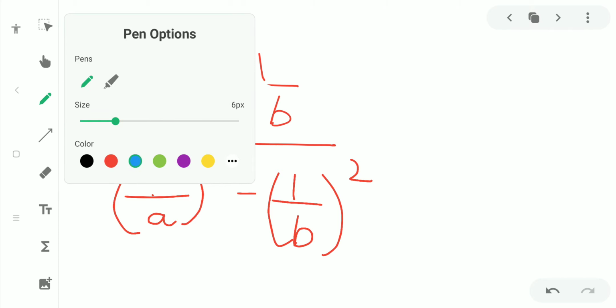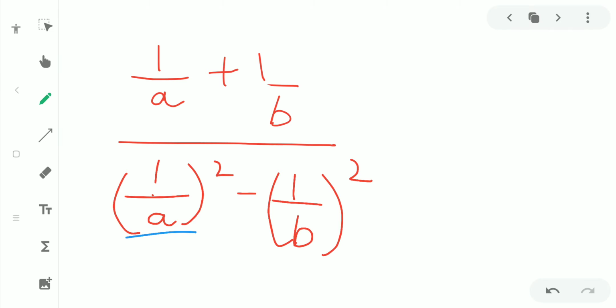Now we have another formula. If you observe carefully, consider 1 by a as a and 1 by b as b, then you have a square minus b square.